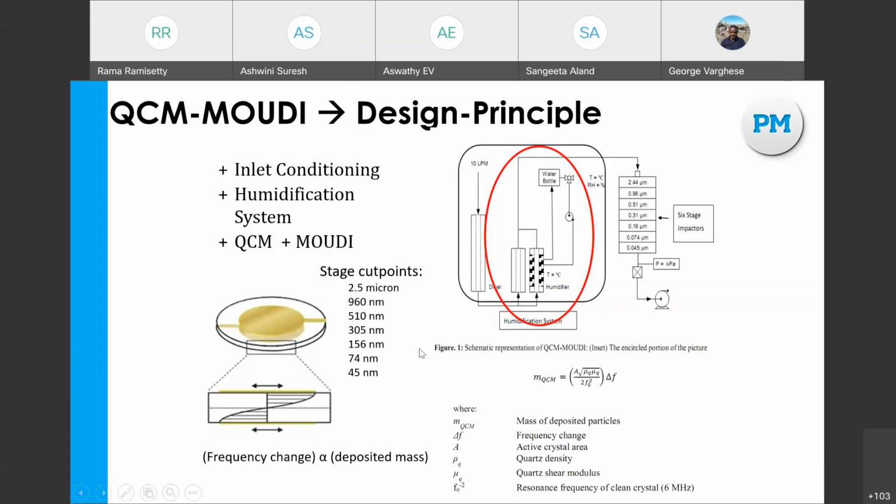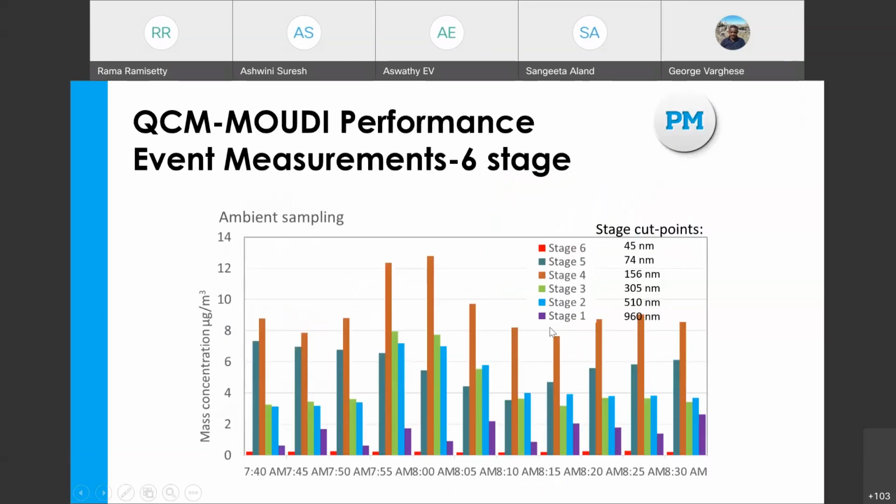We have 6 different stages, and you can measure from 2.5 microns to 45 nanometers. You can see the result of this kind of equipment. It can detect atmospheric mass concentrations in 6 different channels at very high temporal resolution.